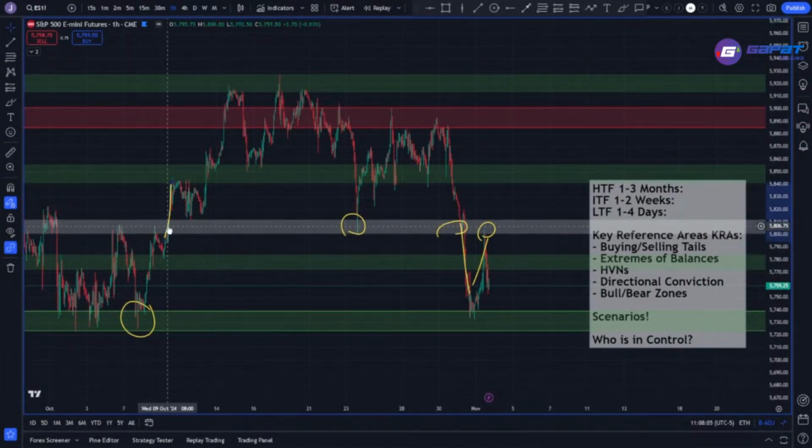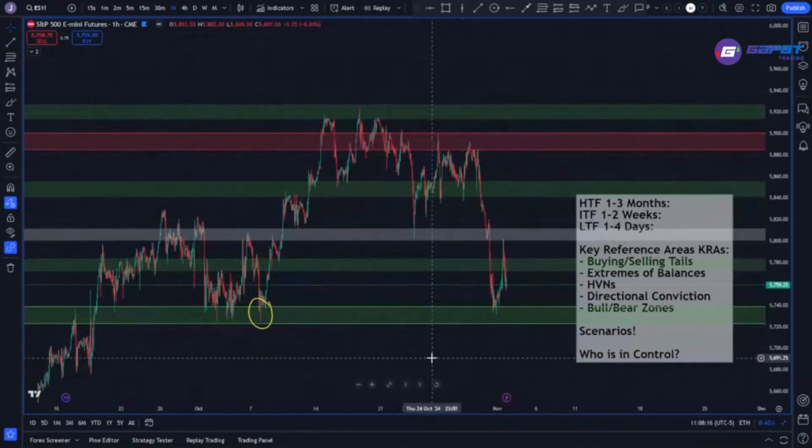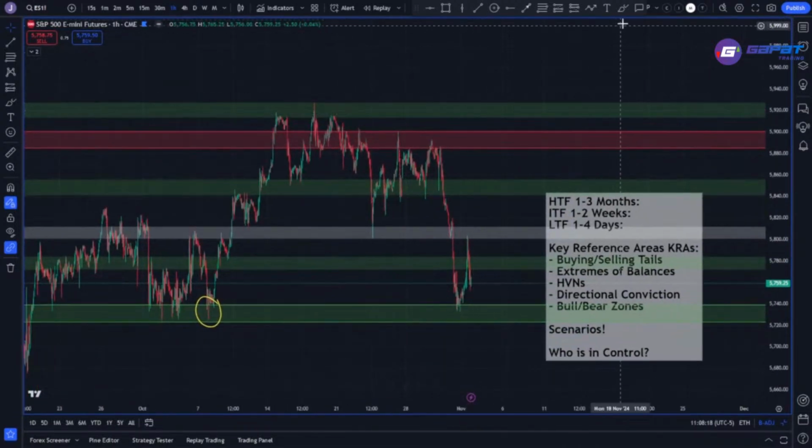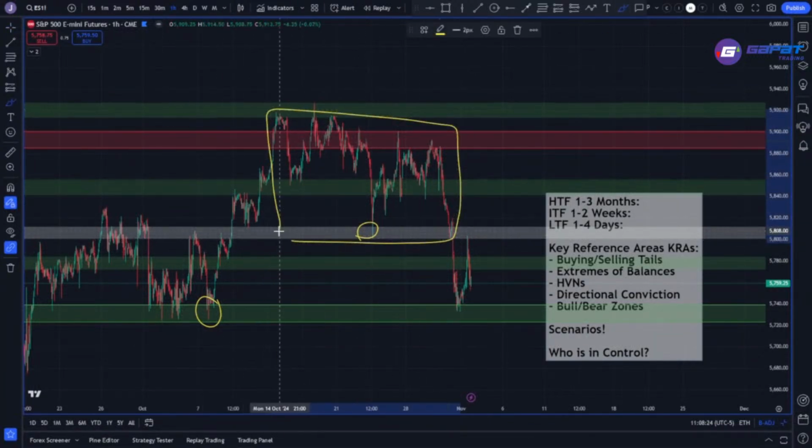And again, this has confluence on multiple of the key reference areas that we're looking for, because it's not only a bull bear zone, but we have a buying wick, and also it's the balance area low.